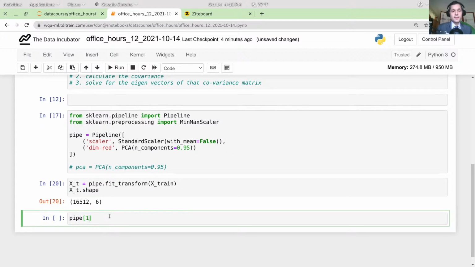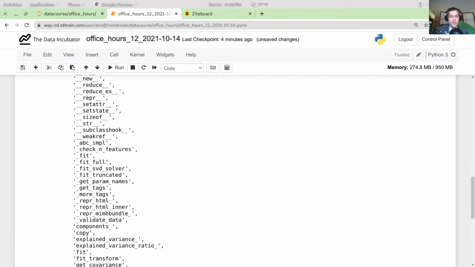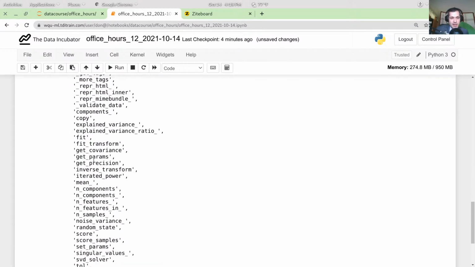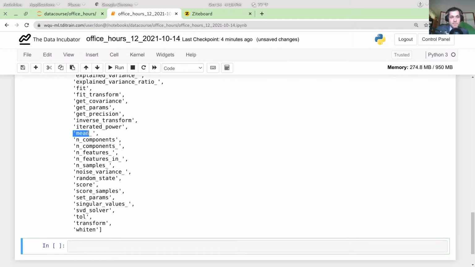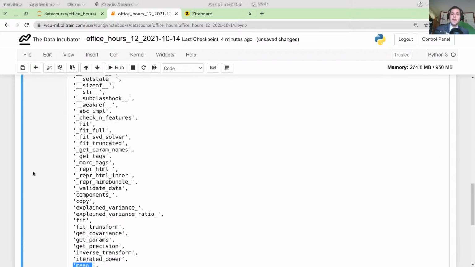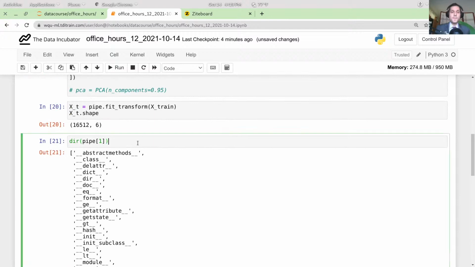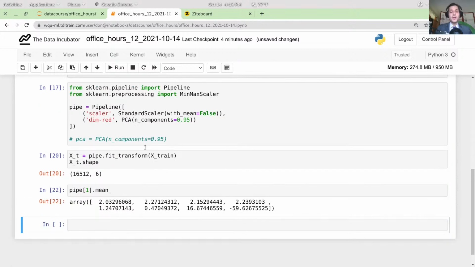Let's call dir to see available attributes. And let's see what I am interested in. I'm interested in mean_. Look at that, mean_. And since it ends in an underscore, we know that's only something we know after we fit the model, after we've fitted the model. And there is the mean of each of my features.